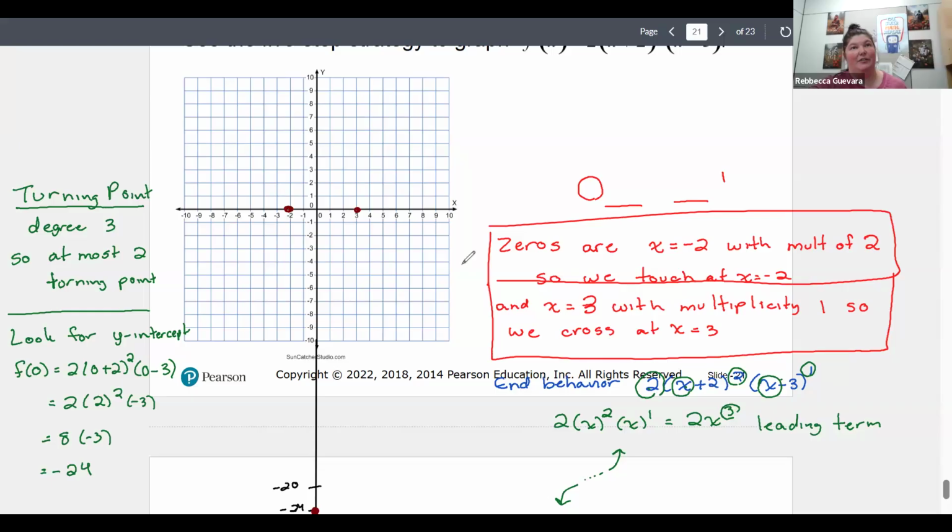We know from end behavior that how this should start is that we come up this direction to hit this point. So we're coming up from here and we exit like this. So it gives me an idea. We said we touch at negative 2, so we come up, we touch, we turn away.